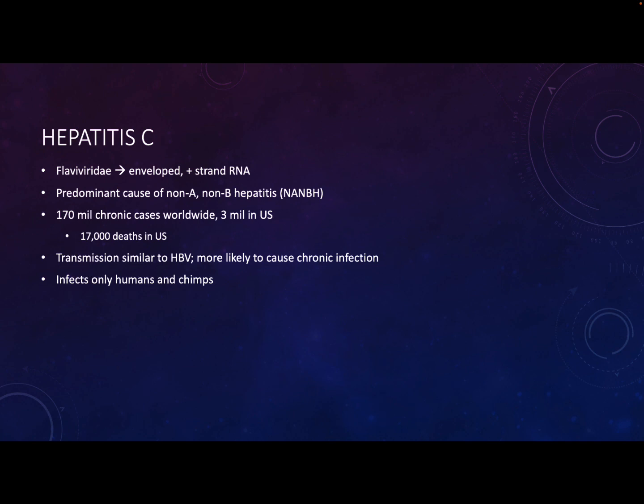There are 170 million chronic cases worldwide, an estimated 3 million chronic cases in the US, and about 17,000 deaths per year. The transmission is similar to hepatitis B and HIV. It's a bloodborne, sexually transmitted infection. We tend to see high levels of hepatitis C in the IV drug user community if they share needles.